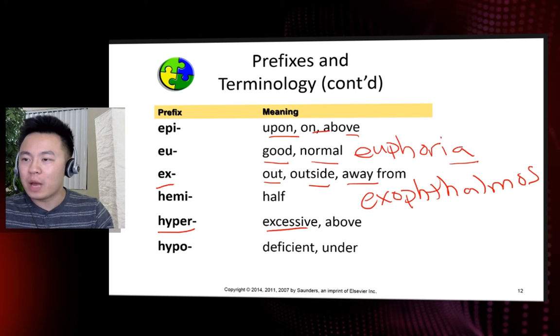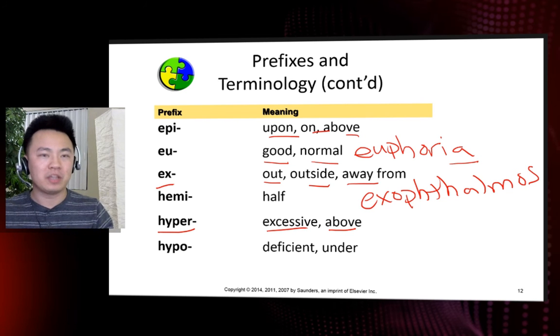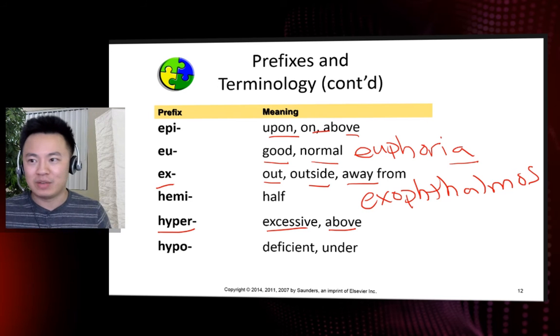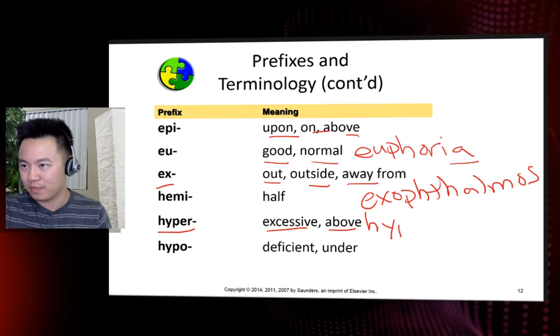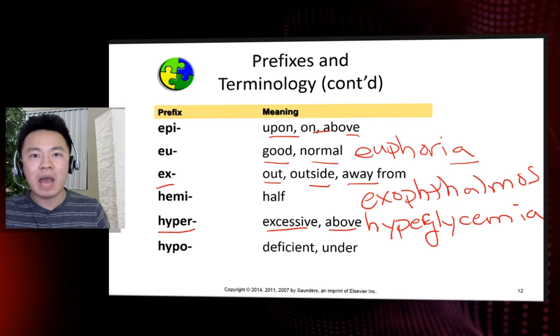Hyper, which means here excessive or above. Think about a young child who is having too much sugar. That would be excessive, hyper, excessive or above. Or how about hyperglycemia? Hyperglycemia means an abnormal condition of having excessive blood sugar levels.